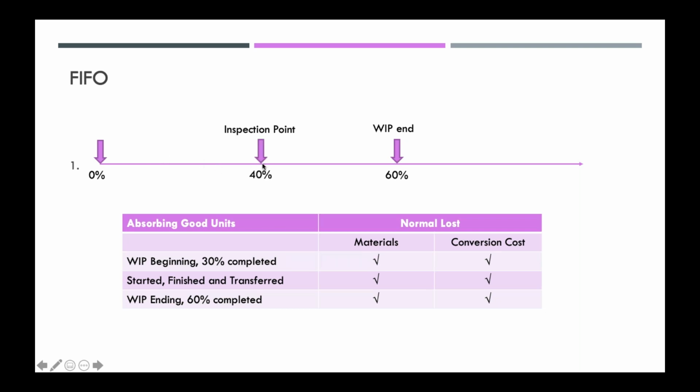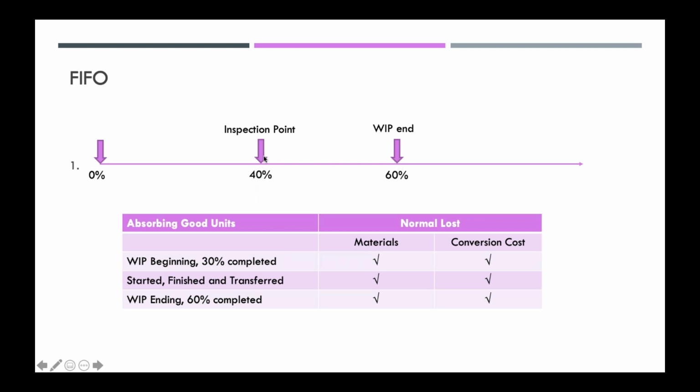Hindi katulad nito, 40% inspection point. Yung work in process beginning natin nandito sa 30%. So nung nag-inspect, sumama siya doon sa inspection point. So therefore, meron siyang share doon sa material cost ng normal loss natin. Kasi lumampas siya dyan hanggang sa nakarating siya sa ending. So started and finished, work in process end, meron din siyang share sa material cost ng normal loss because work in process end undergoes up to 60% process.